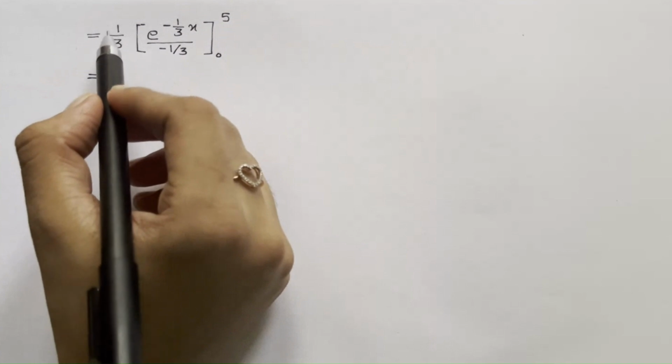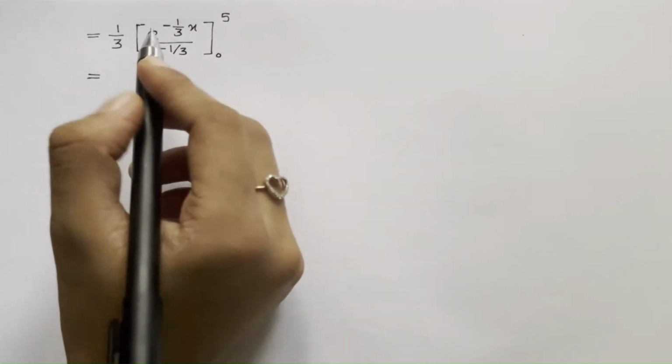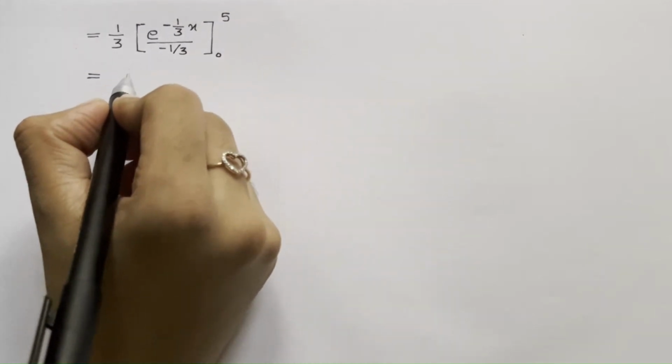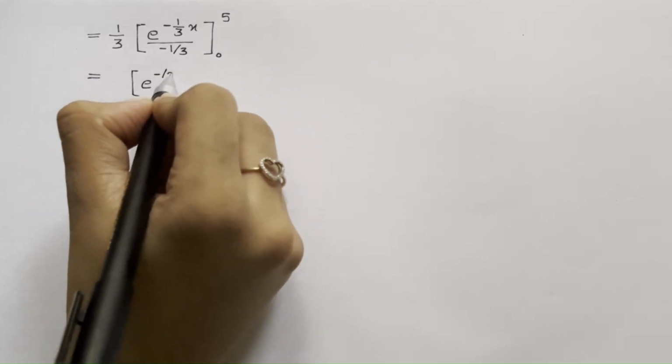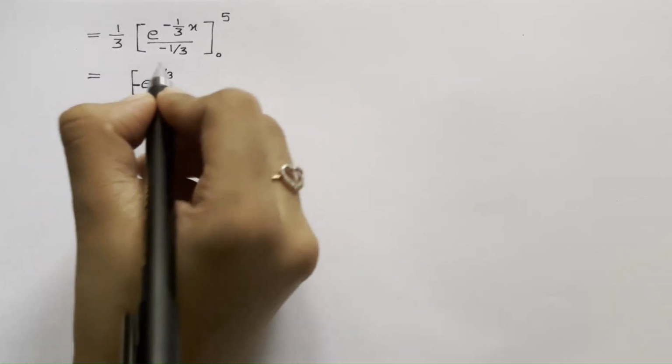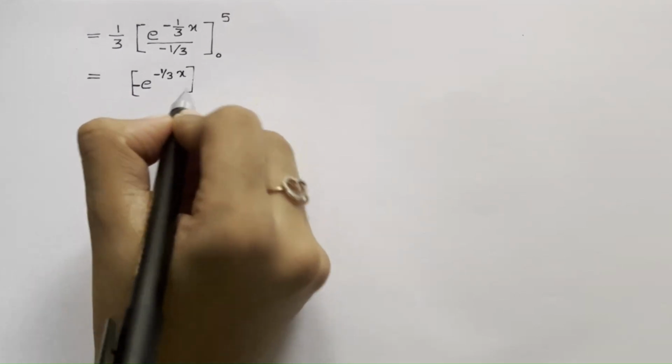We cancel 1 by 3 from numerator and 1 by 3 from denominator. Then minus e raised to minus 1 by 3 x from 0 to 5.